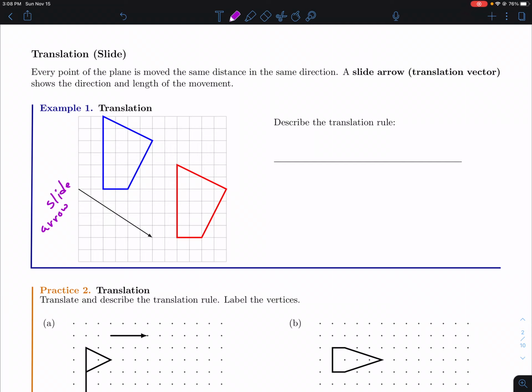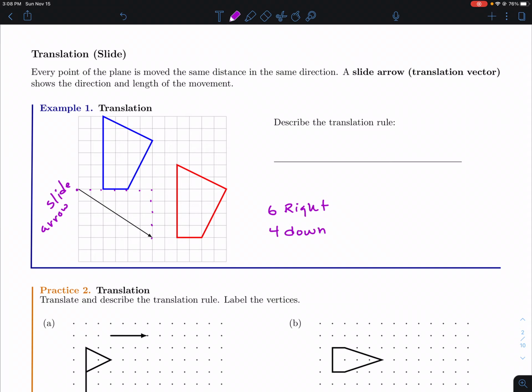The way I always do it is kind of like ordered pairs. I count right or left first and then up or down. So in this case, if we start at this point, I'm going to go over 1, 2, 3, 4, 5, 6. So I'm going 6 to the right, and then 1, 2, 3, 4 down.